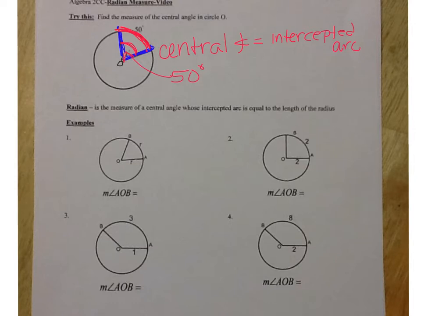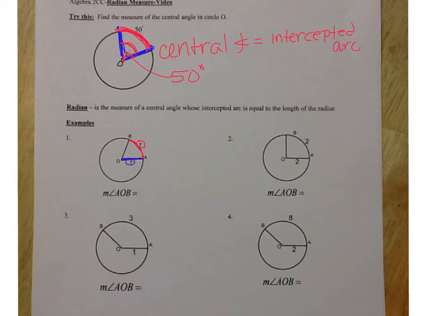All right, so let's take a look at the first example, circle O. The intercepted arc here is equal to r, and the length of the radius is also equal to r.